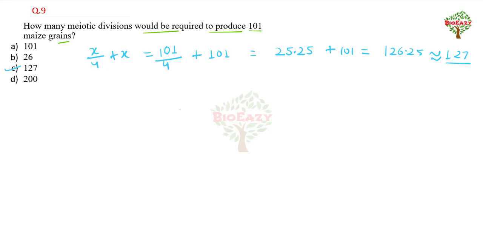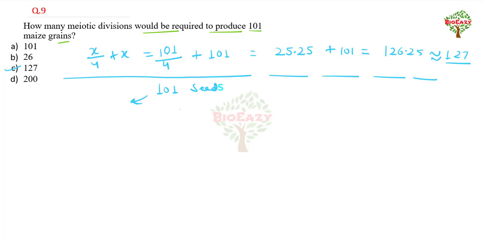Now we can do this also by a complete method, like for 101 seeds, the plant needs 101 pollen grains and 101 egg cells.